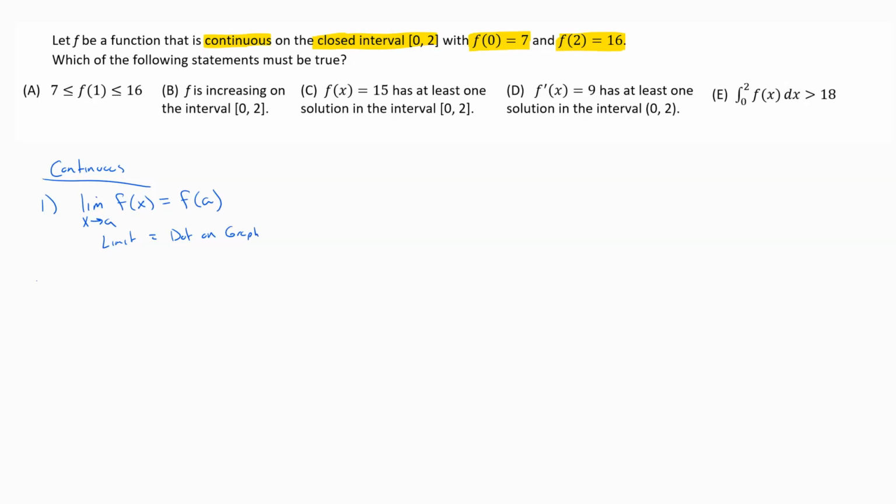The second big thing you want to look out for when we're talking about continuity, there's really just one big theorem that comes from this continuous section, and that's going to be your intermediate value theorem.